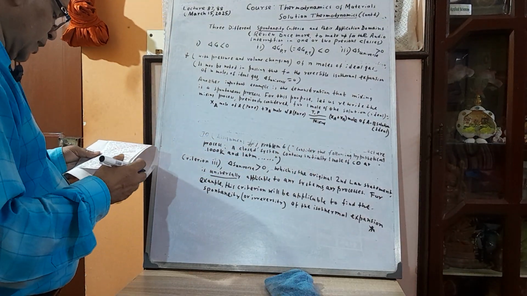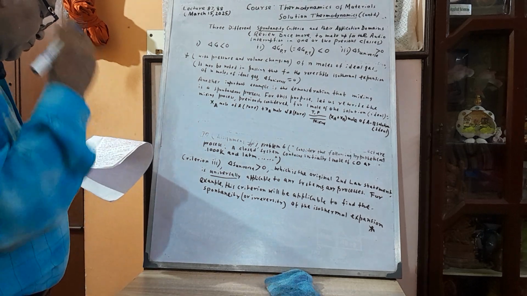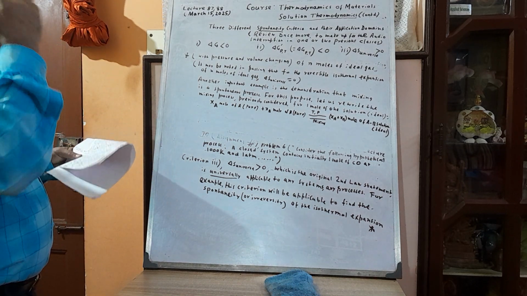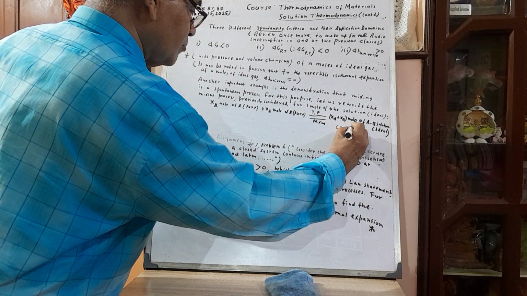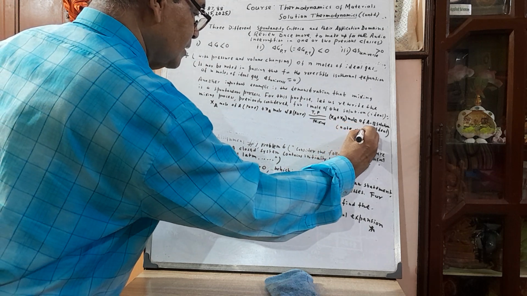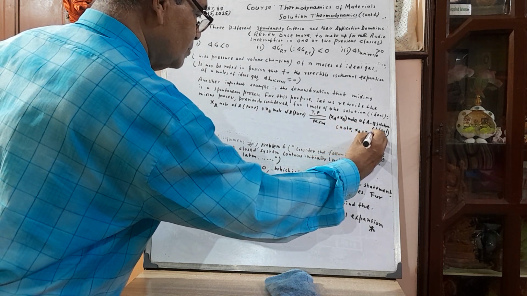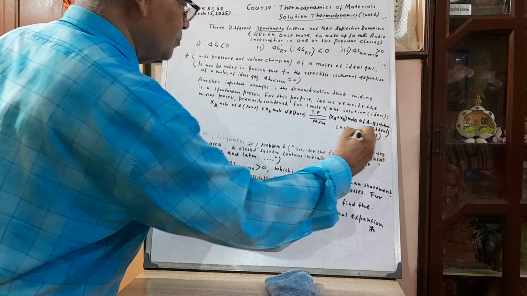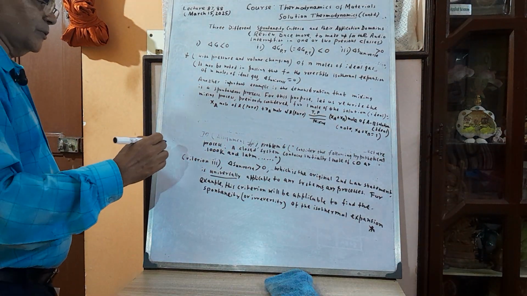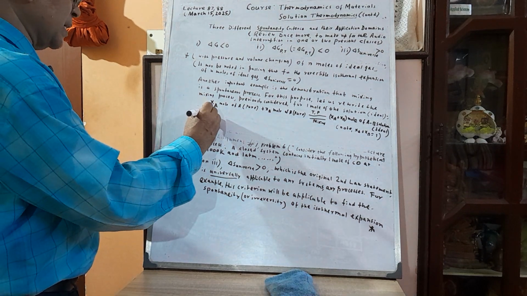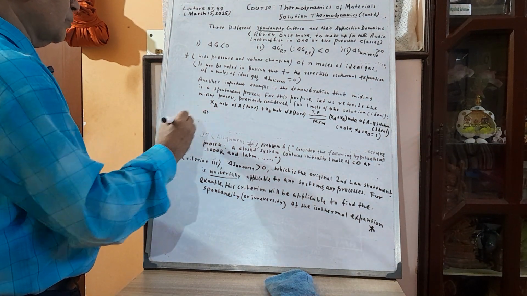So now we have to find delta S universe. Note here, Xa plus Xb is how much? As we know, mole fractions sum to 1 always, so we are considering 1 mole of solution. So what is delta S universe?